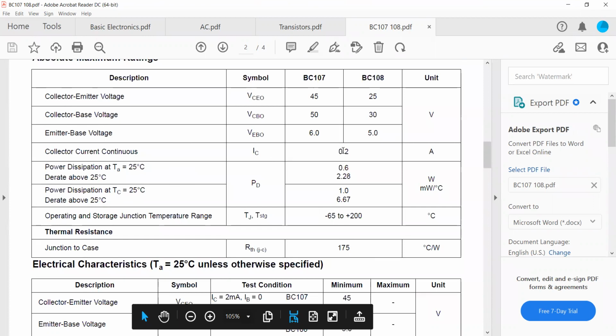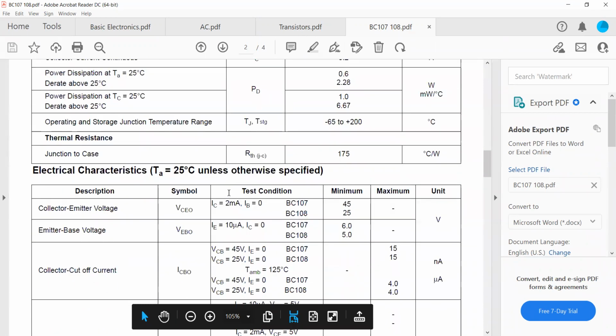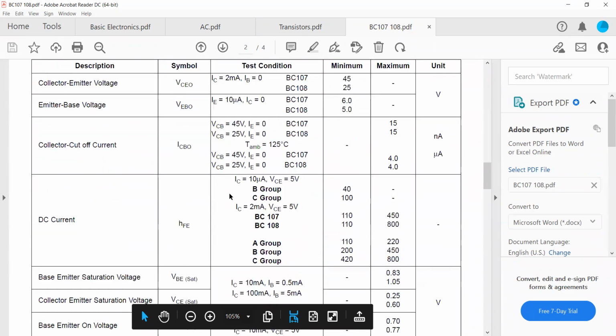This is the collector current, 0.2 ampere it can draw. And here this is the HFE, DC current gain. For BC 107, DC current gain minimum is 110, maximum 450. For BC 108, minimum current gain is 110, maximum 800.